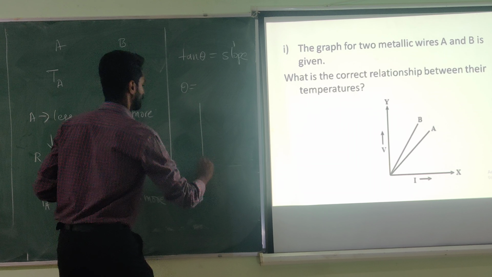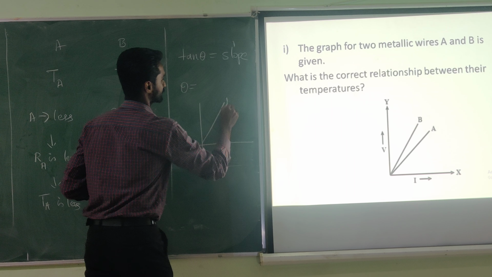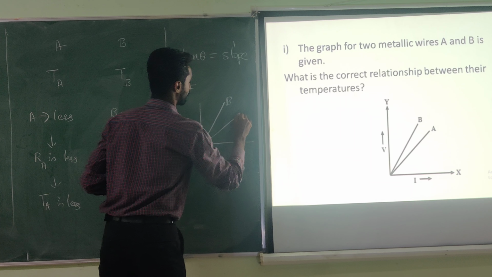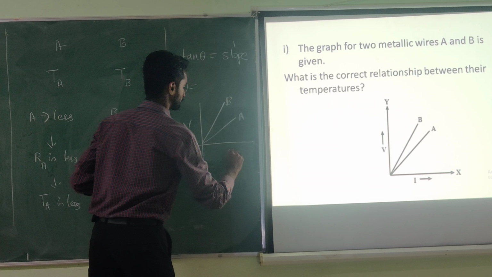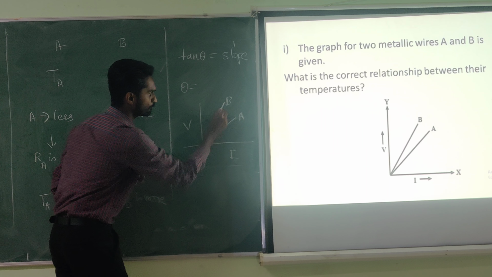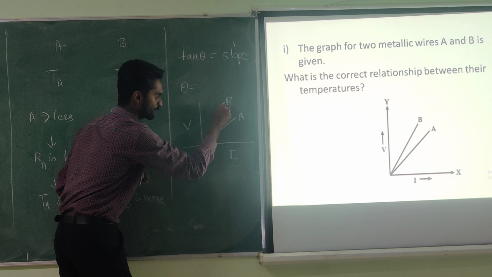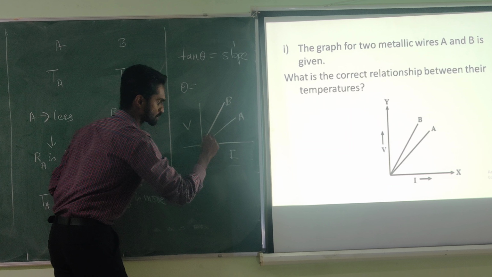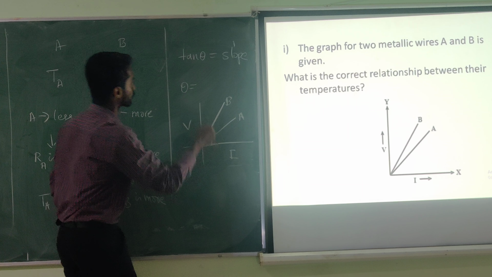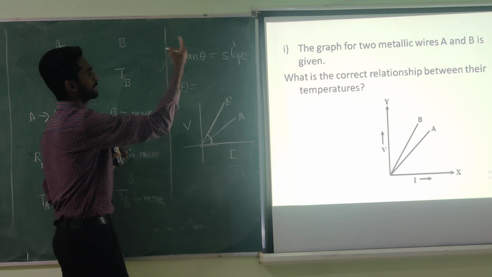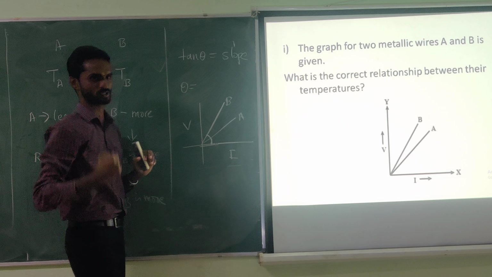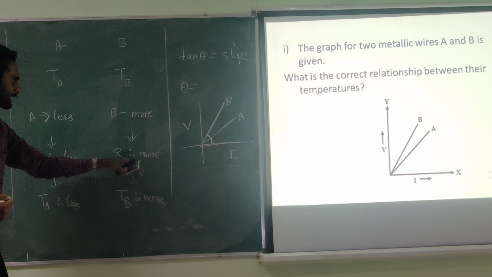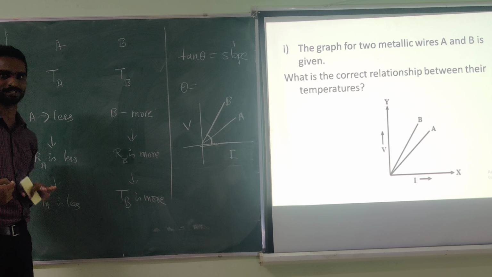Here you will get a clear picture. This is graph B and this is graph A, in the VI graph. The angle between graph B and the x-axis is more, so the tan theta value is more, which means slope is more, resistance is more, and temperature is more.